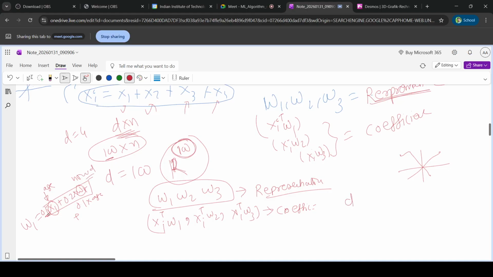And how many are you now taking? Only 3 into d, so d is 100. So w1, w2, w3 is like 3 into 100. Because w1 has, as I mentioned, your dimensions in this format, 0.1 into d1 plus 0.2 into d2, this way. d1, d2, d3 are your age, height, weight and so on. Okay, 3 into 100 you need there.